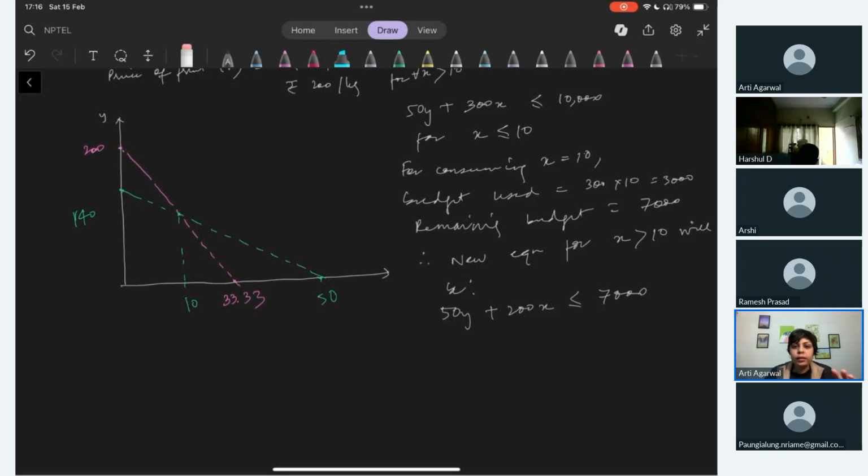Now, these are two different budget lines, and neither of these budget lines describes the whole budget. So we're going to draw out the part which we know is valid for different segments. For x less than 10, the original budget line is going to be valid.